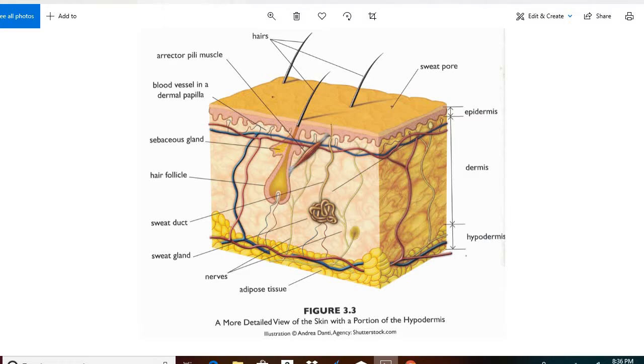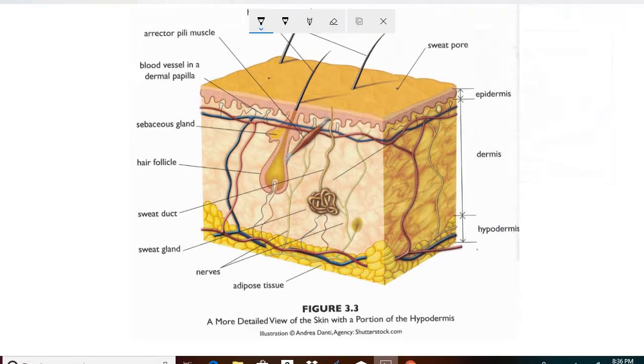Okay, then if you can look now at figure 3.3. So again, in this figure, you should be able to locate the epidermis, the very top layer, and then the dermis, which is made up of the papillary layer, and then not labeled here, but underneath would be the reticular layer.